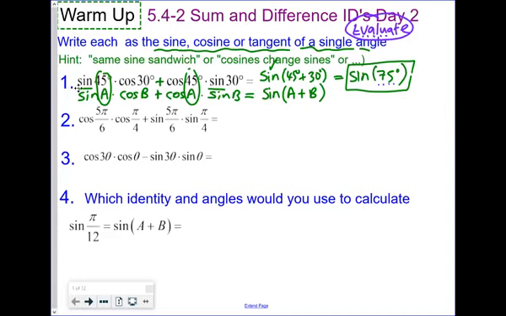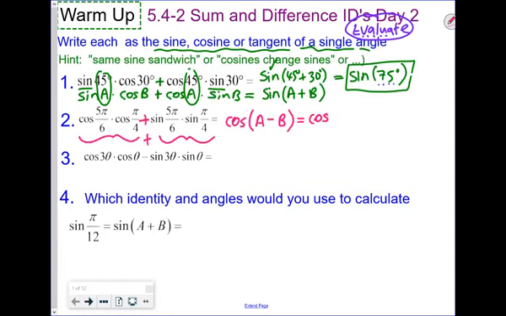Right, let's look at the next one. Again, oh no, we haven't been given the same sine sandwich. We've been given cosine of A times cosine B plus sine of A times sine B. Cosines change signs. This is the cosine of A and B, and cosines change signs. So where there's a plus, we'd have a minus.